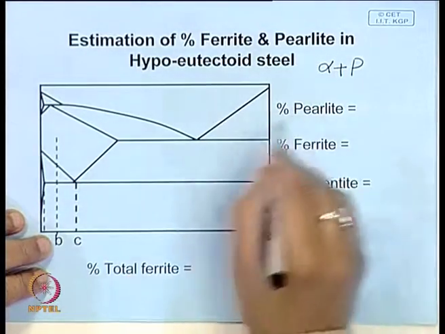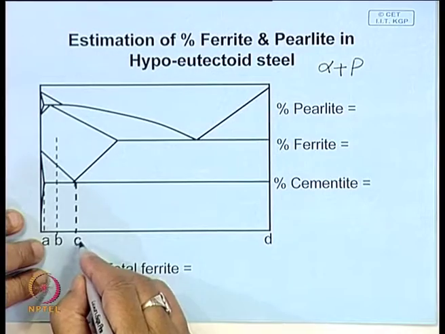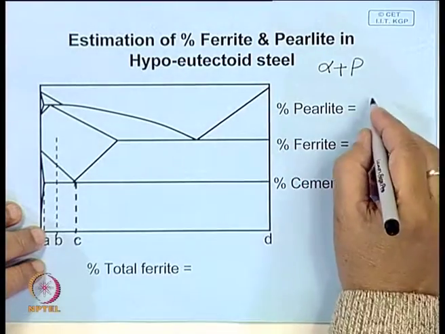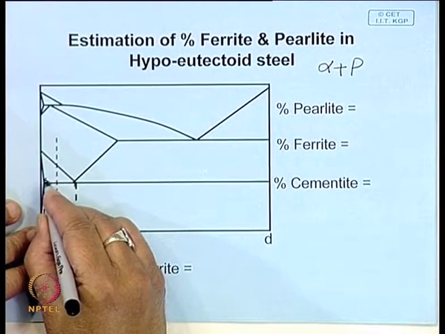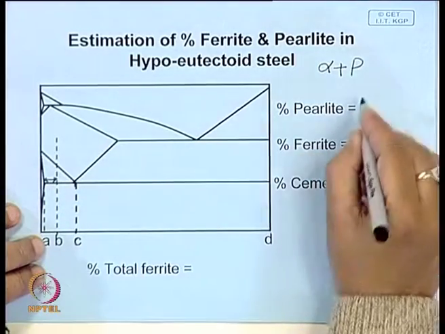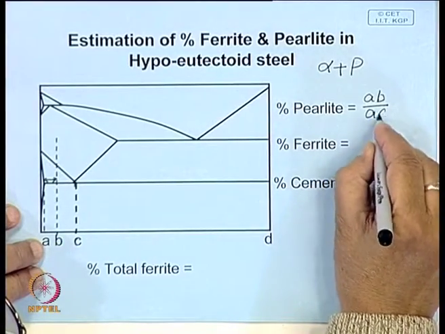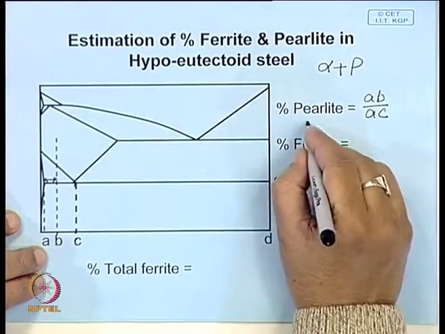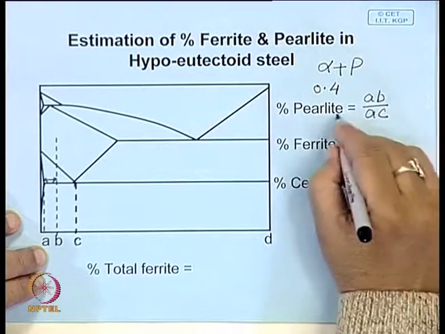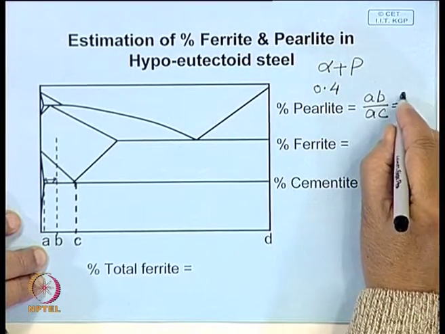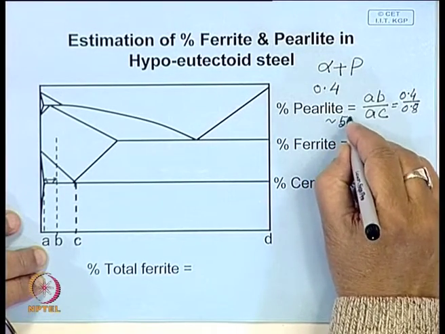How do you find out the percentage pearlite? Pearlite has 0.8% carbon, which is represented by this point C. Therefore, the amount of pearlite will be proportional to this region, that means A, B, over the entire region A, C. So, if the carbon content is around 0.4, the percentage pearlite will come out to be 0.4 over 0.8, so around 50% pearlite.